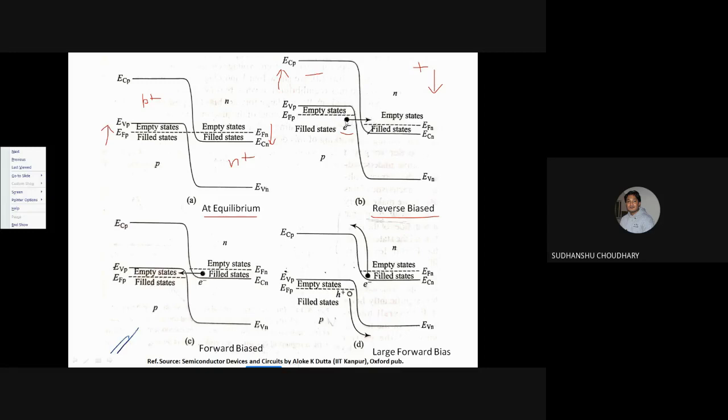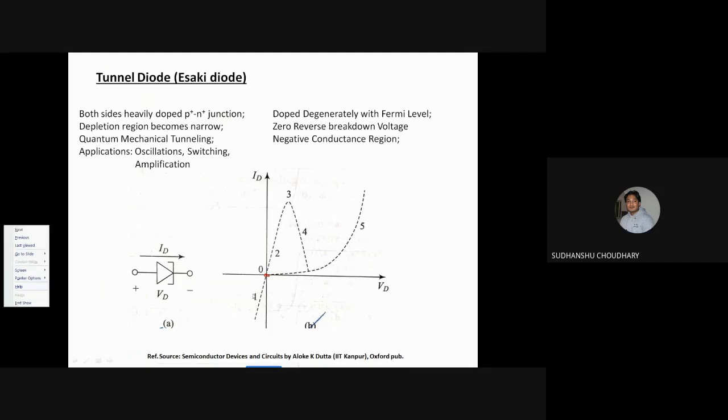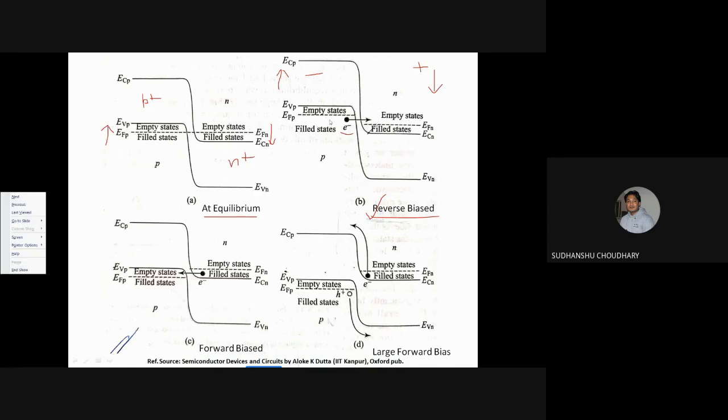Electrons from these filled states can move into the n side empty states. This means that at reverse bias the current should increase, which is marked by this 1 over here. The current is increasing in the reverse bias because filled states are now in front of the empty states and the barrier is thin, so tunneling is happening.